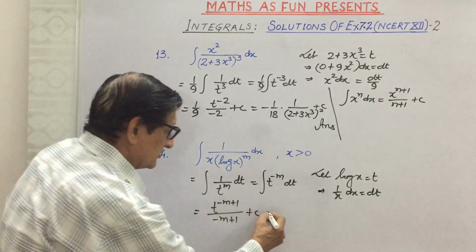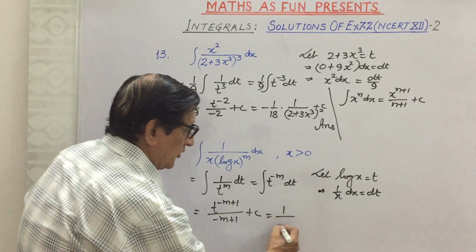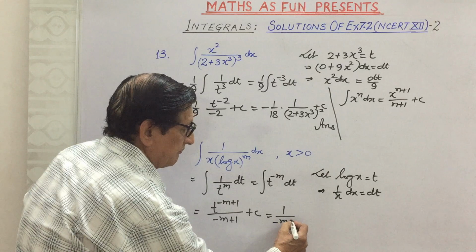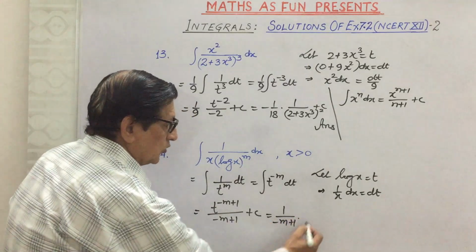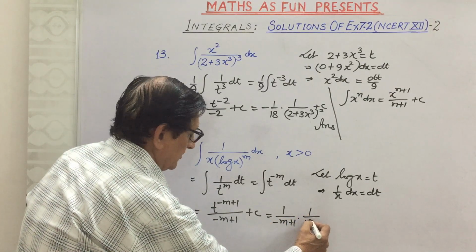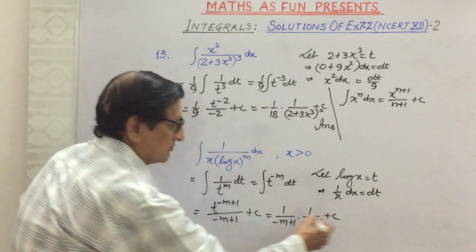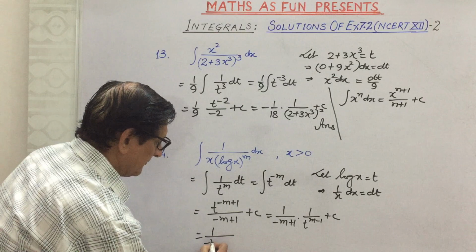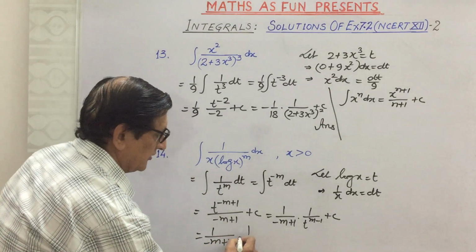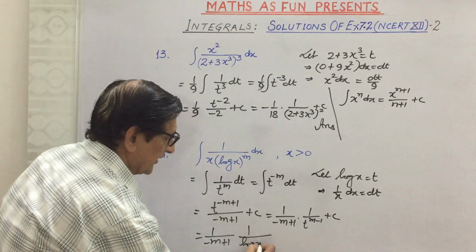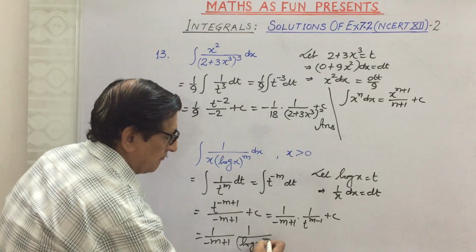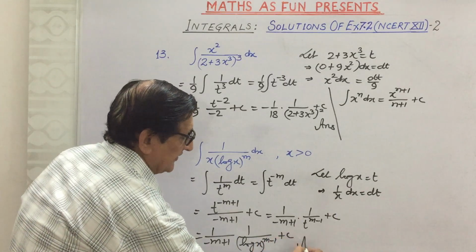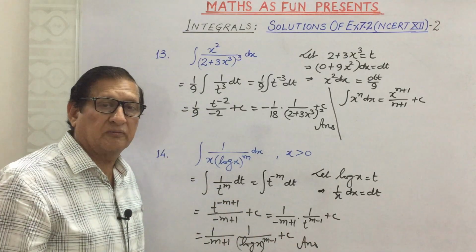We can also write this as 1 upon minus m plus 1 into 1 upon t to the power m minus 1. Substituting the value of t, we get 1 upon minus m plus 1 into 1 upon log x power m minus 1 plus c. This is the answer to the problem.